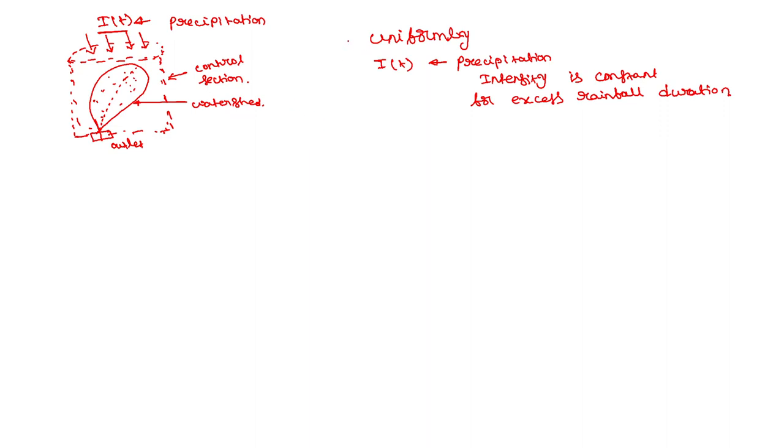These two words are very important. Suppose there is a precipitation falling uniformly on the entire watershed, and this precipitation will result in a hydrograph at the outlet.